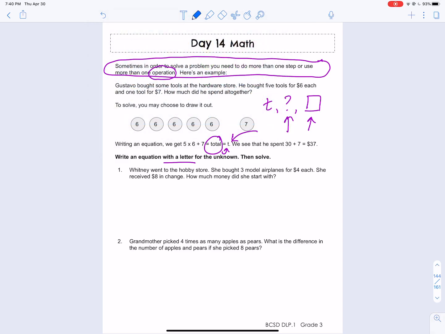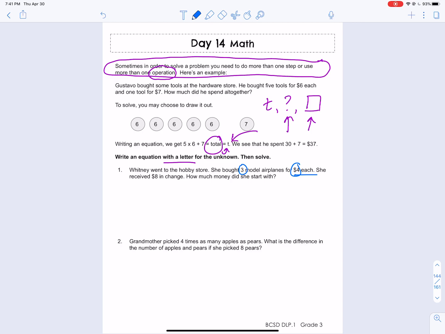She bought 3 model airplanes for $4 each. Okay, that sounds like multiplication because she's buying 3 of something and they all cost the same amount. Okay, so $4 each. She received $8 in change. How much money did she start with?